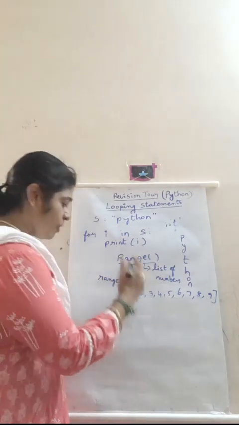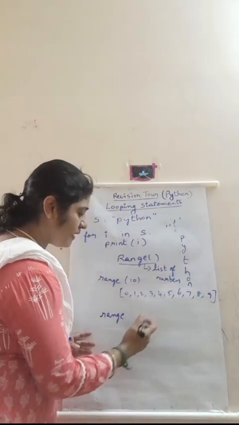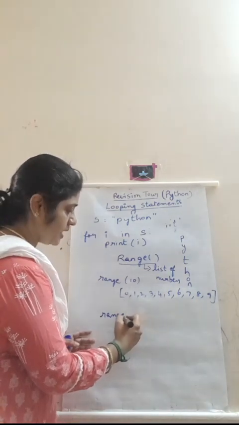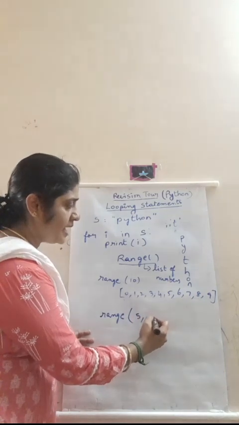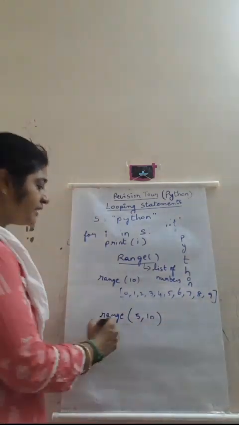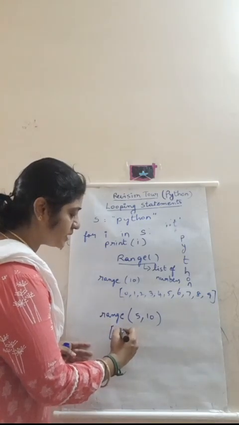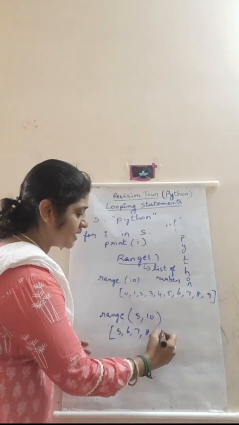Suppose I want to run the loop from 5 to 10. I write the starting number 5, and I write here 10. Then what will happen? This will return you a list of numbers 5, 6, 7, 8, 9.